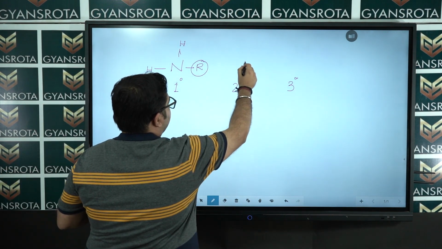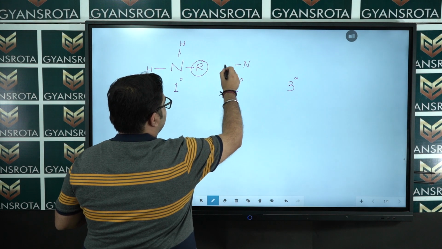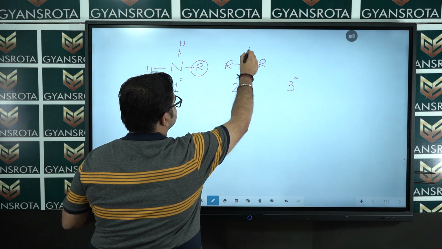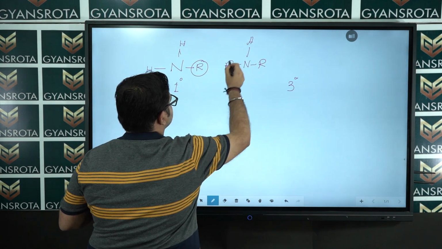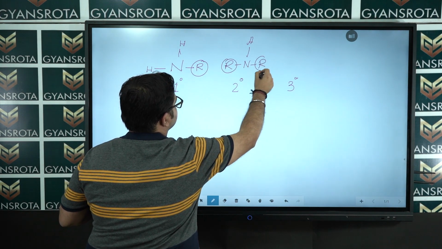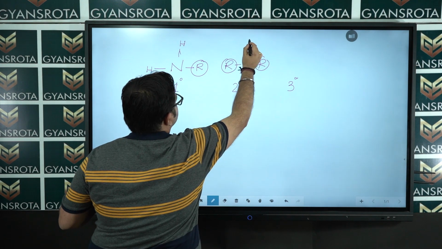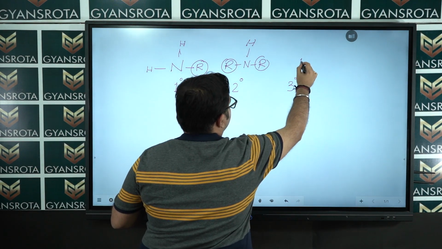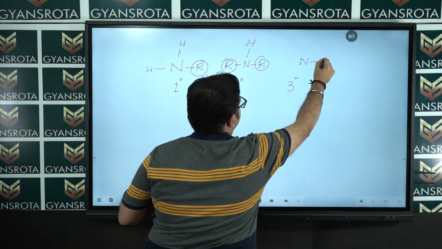Secondary amine looks like this: 1 nitrogen, 2 alkyl groups. In tertiary amine, 3 alkyl groups are present.